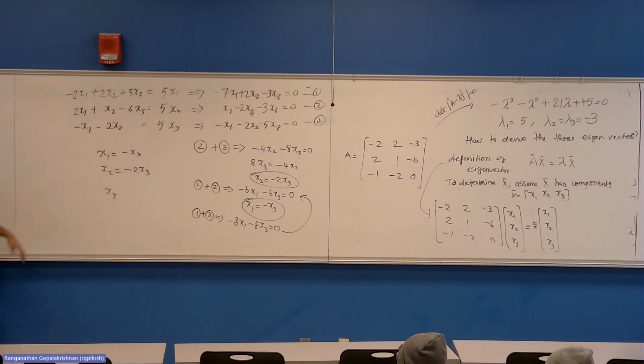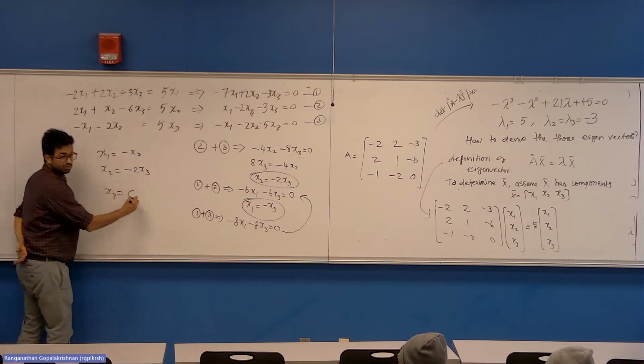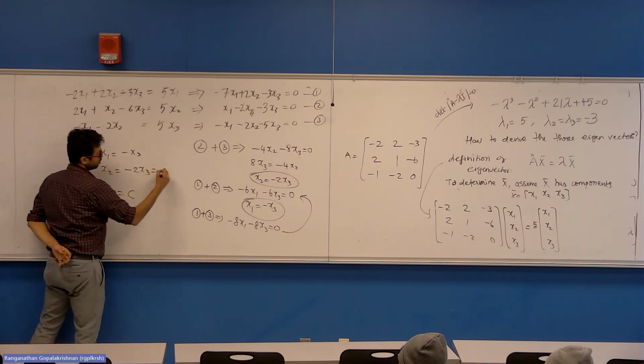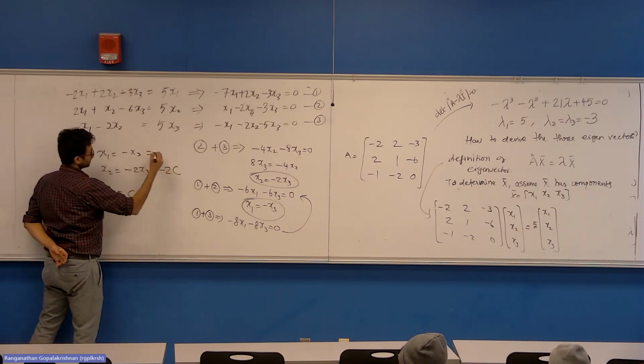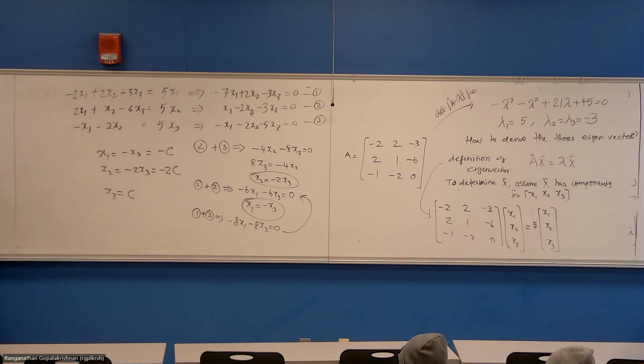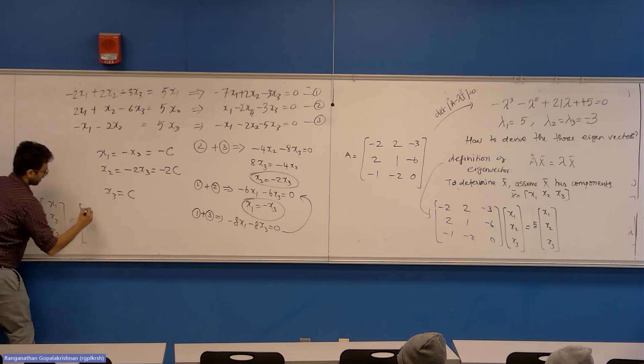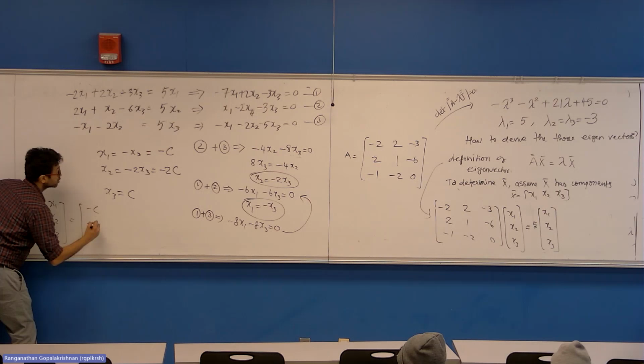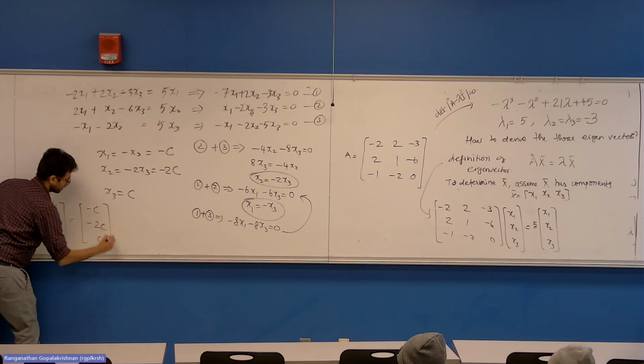So if you choose x3 to be some arbitrary value, it just will be that x2 will be minus 2 times that, and x1 will be minus 1 times that. So the vector, if the components are x1, x2, x3, which I'll call as x1, that is x corresponding to lambda 1, that is minus c, minus 2c, and c.